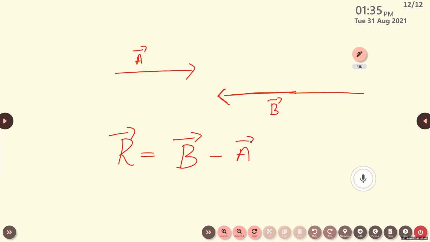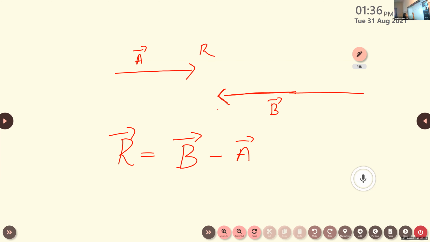Then what about the direction of the vector? Because here they are acting along the opposite direction. What about the sign? In which direction is the resultant vector taken? The direction of the resultant vector. Here the vector A is acting along the right side.